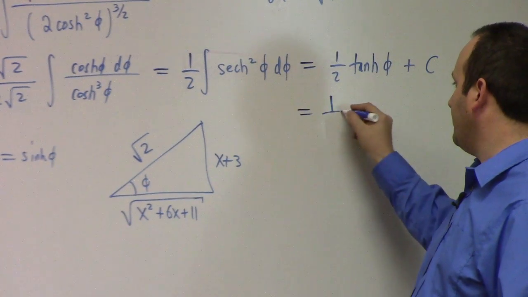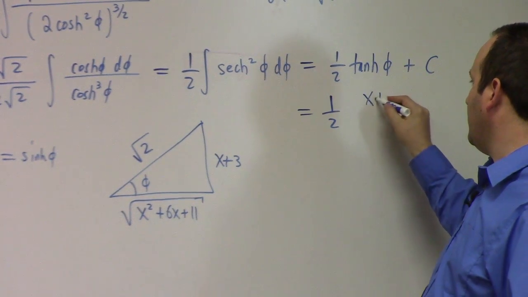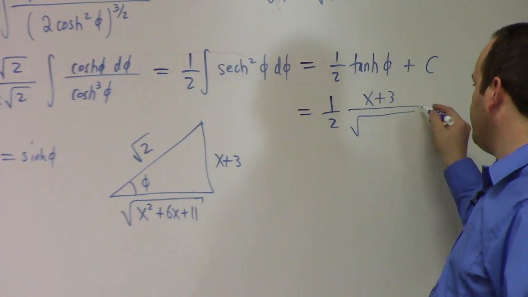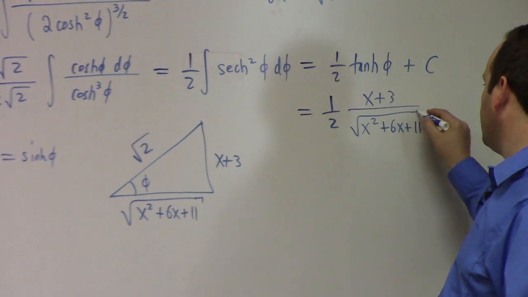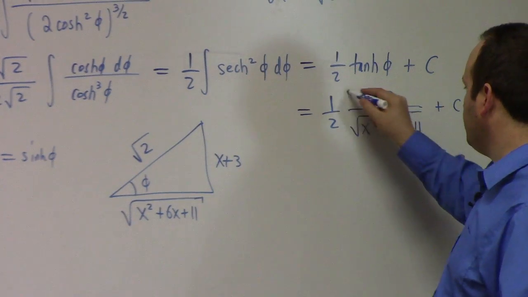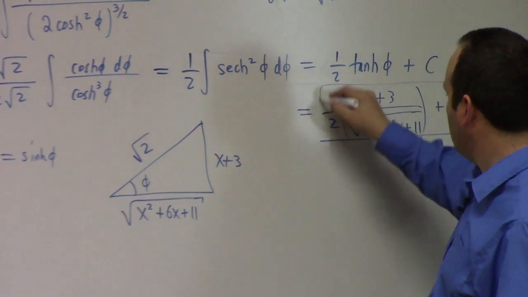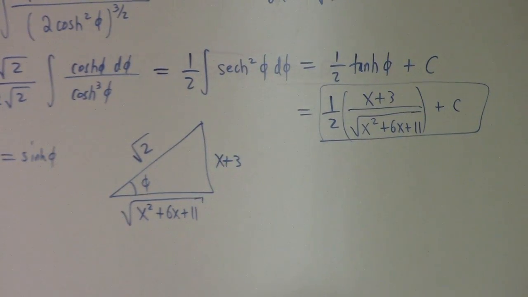Now tanh phi then is what? This is 1/2 (x+3), right? Divided by the square root of x squared plus 6x plus 11 plus a constant. And there you go.